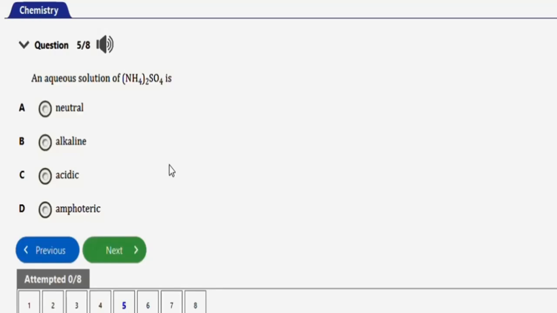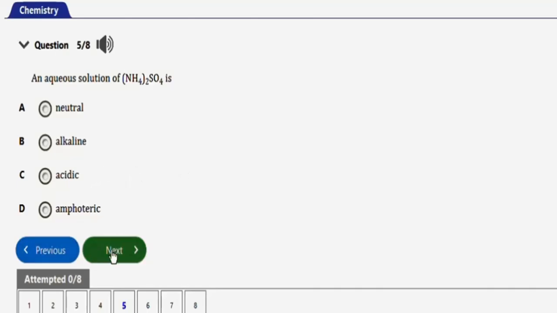When it dissolves in water, it will dissociate into ammonium ion and sulfate ion. So the right option will be option C, because when that dissociation happens, this ammonium will become a weak acid. So the right option will be option C, acidic. So that's it for this question.